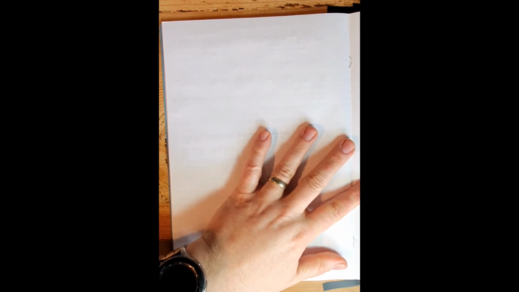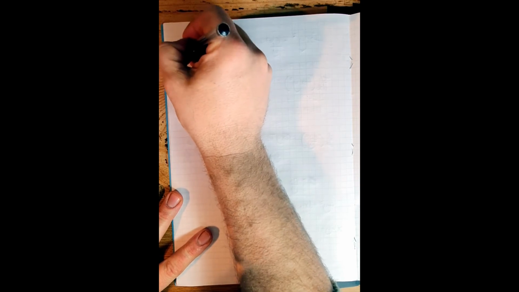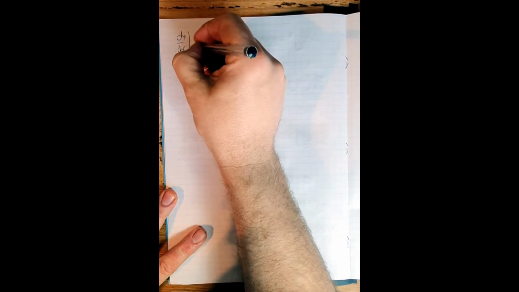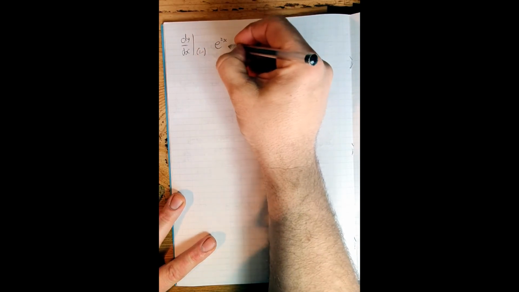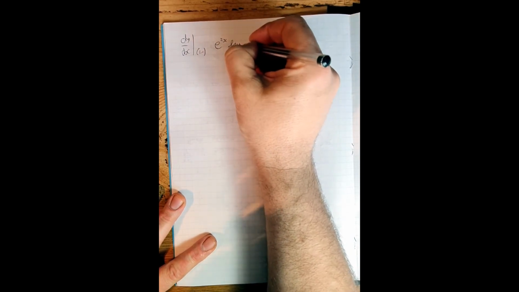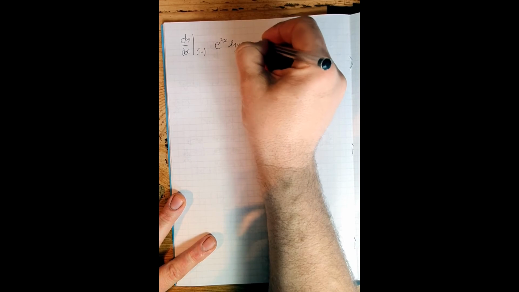And the last example is same again with arguably a more complex function. Find dy dx at 1, 1 again, where e to the 2x log y equals x plus y minus 2.